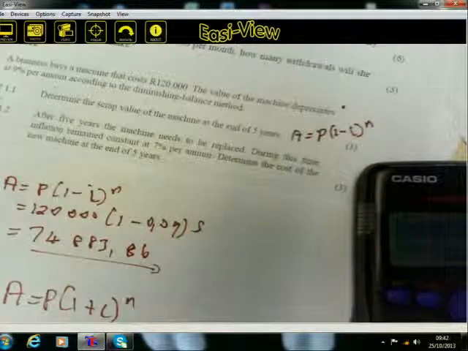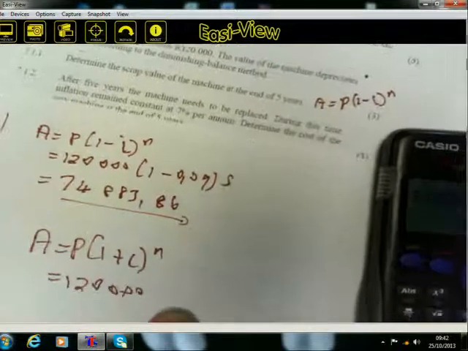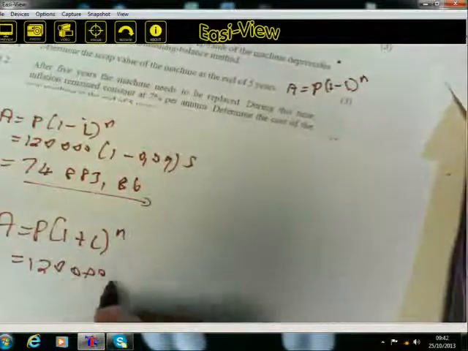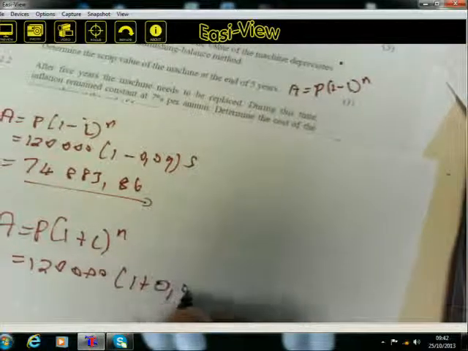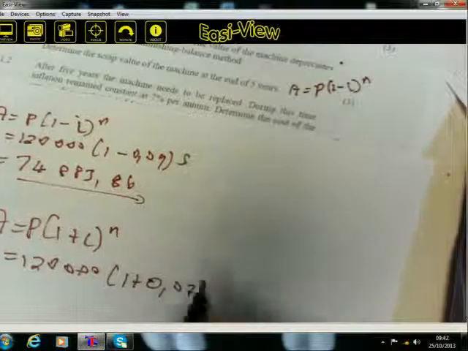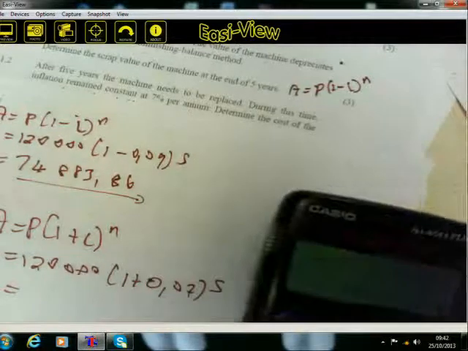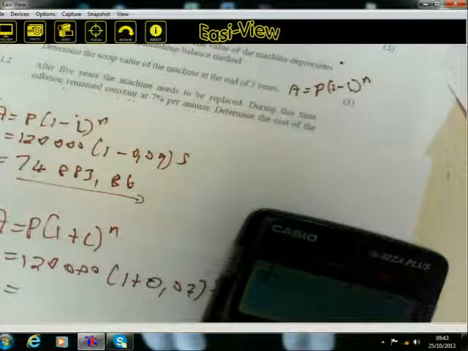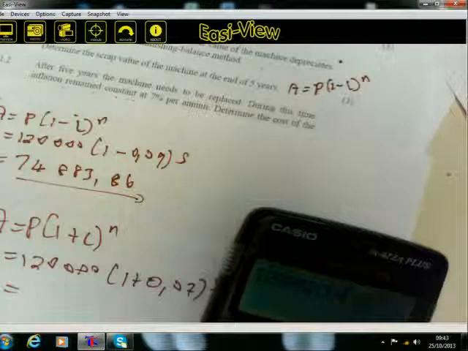What do we do now? You take 120,000 there, and then you say 1 plus, what is your I? Inflation is 0.07, and then to the power of 5, and then what is your answer? That is 120,000 and 1 plus 0.07 there, and then to the exponent of 5.